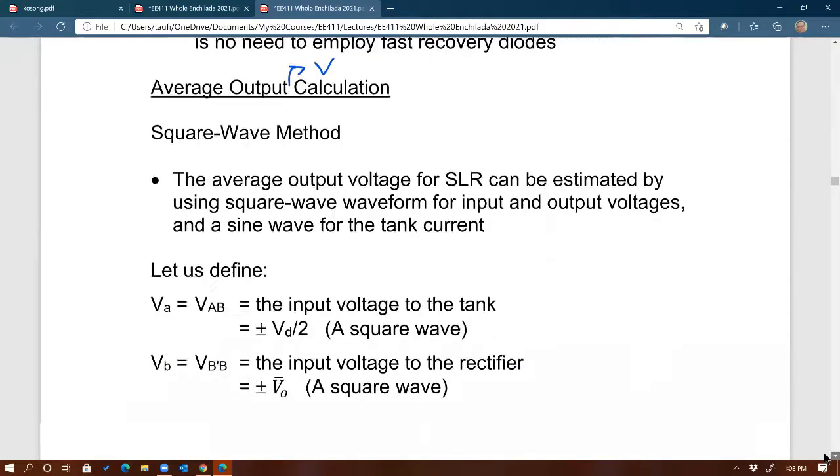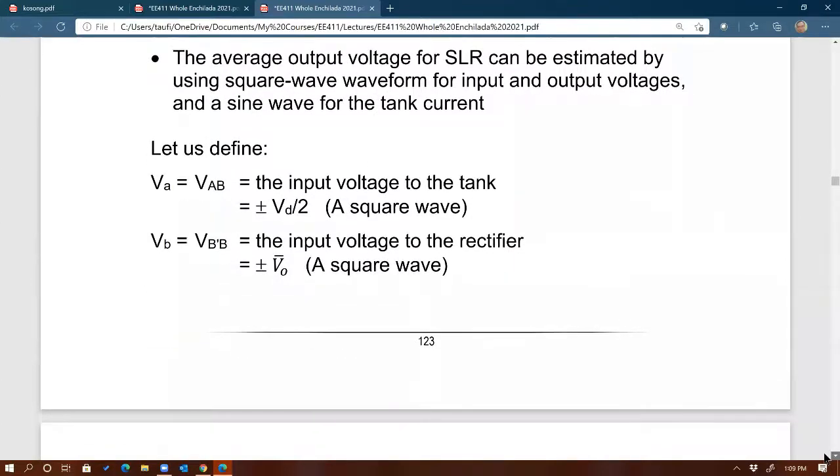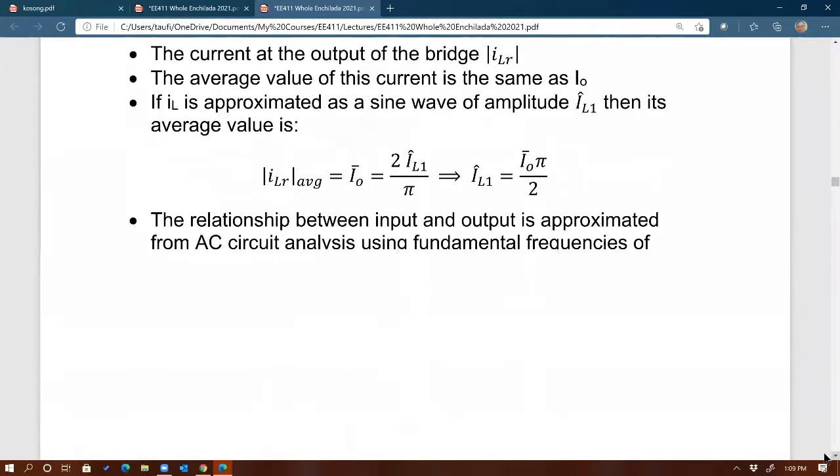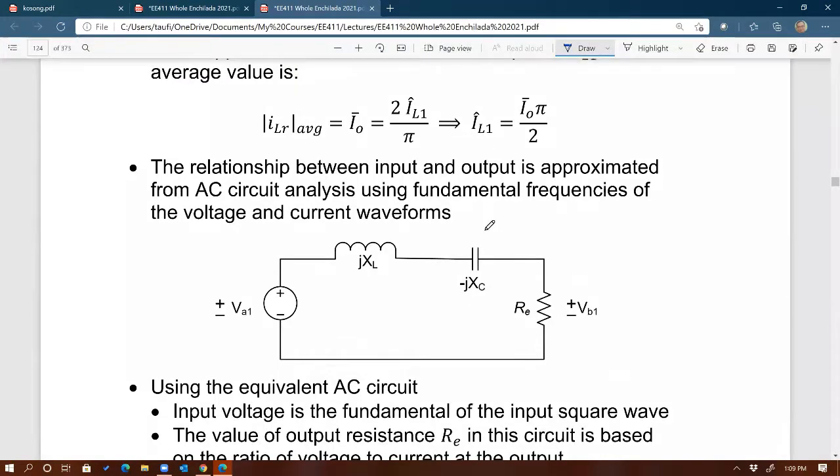The reason being, if you look back to the circuit right there, we have the resonant tank, and the input is basically a square wave, because it flips back and forth between plus VD/2 and minus VD/2, depending on which device is conducting, if it's a half bridge.